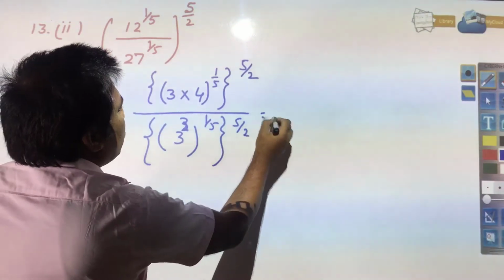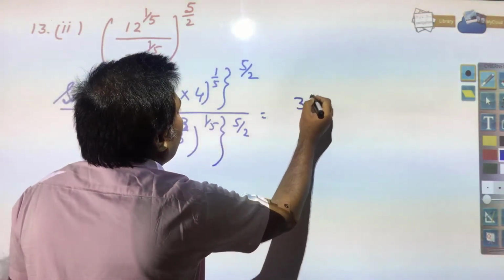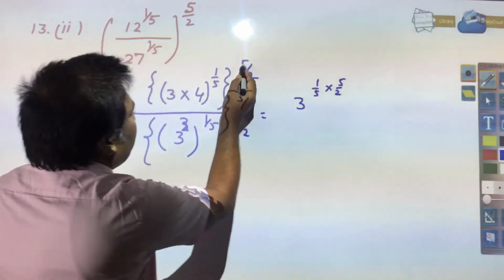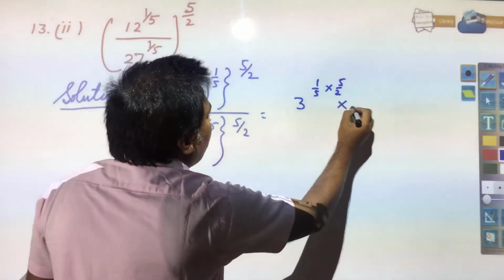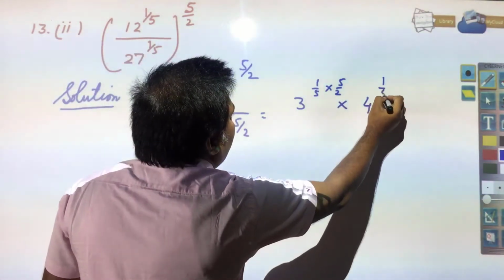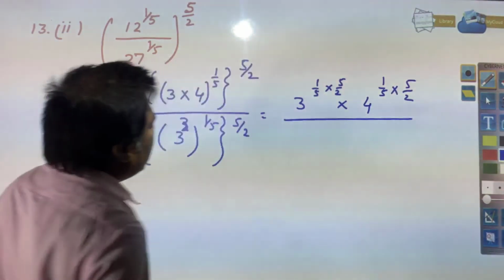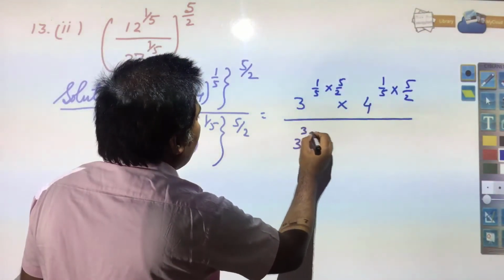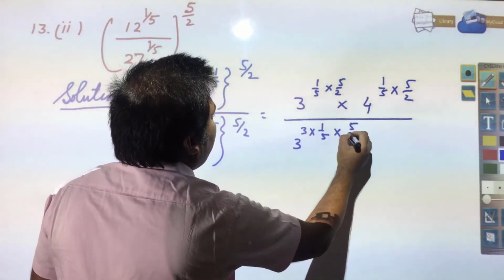So, this will be, here you see 3 to the power 1 by 5 into 5 by 2, and 4 to the power 1 by 5 into 5 by 2 divided by 3 to the power 3 into 1 by 5 and into 5 by 2.